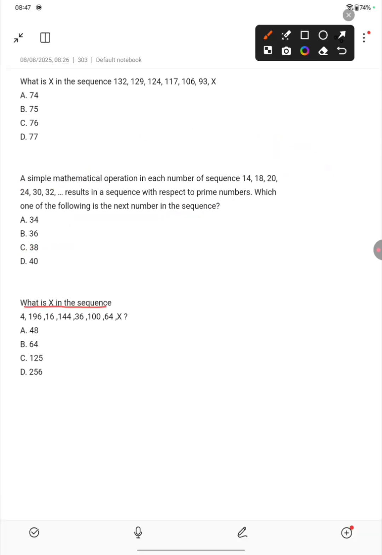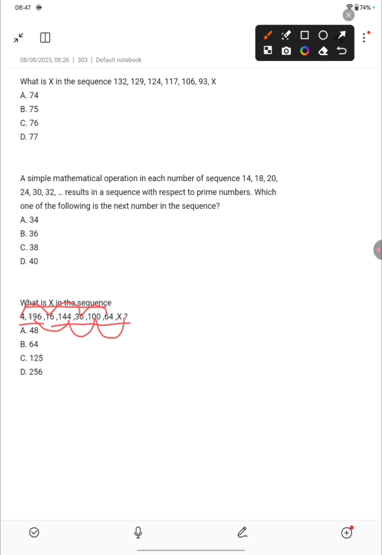What is x in the sequence 4, 196, 16, 144, 36, 100 and x? Here we have the relation with 4 and 16, 16 and 36, 36 and 64, 196, 144, 100 to x.